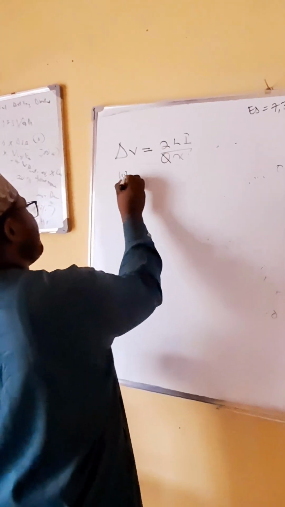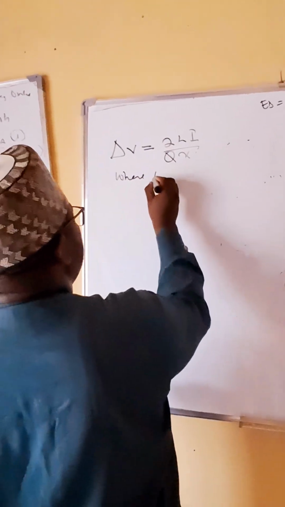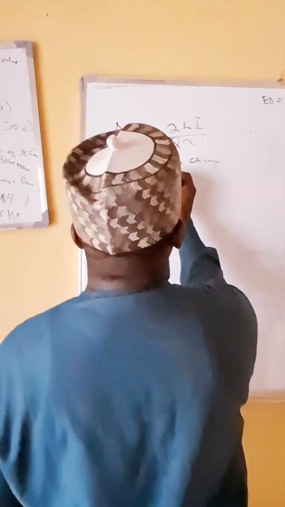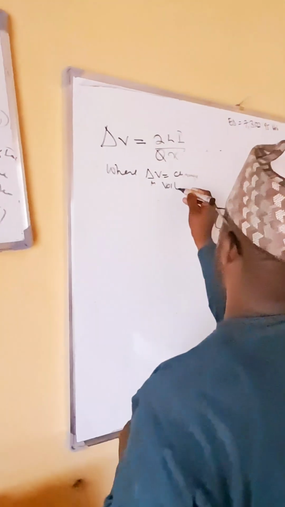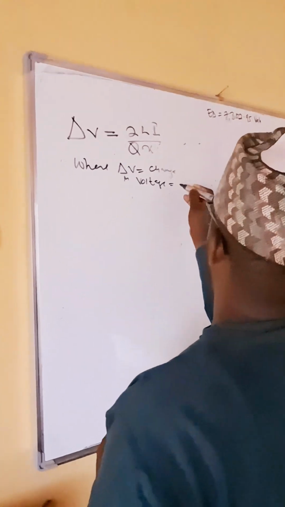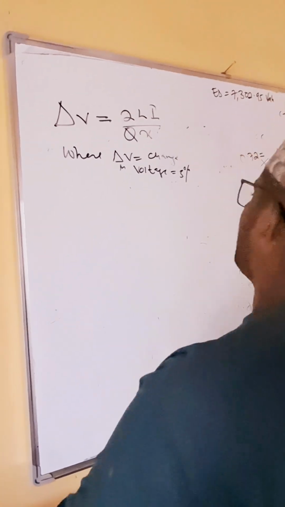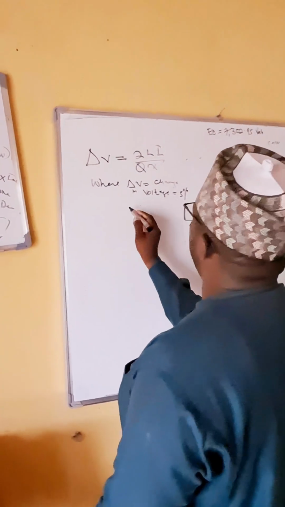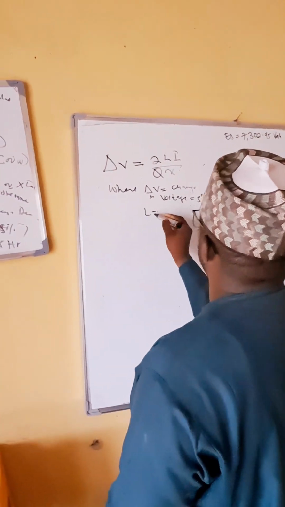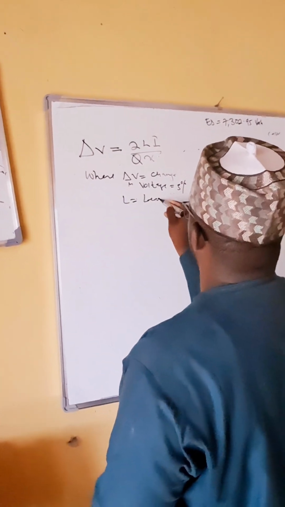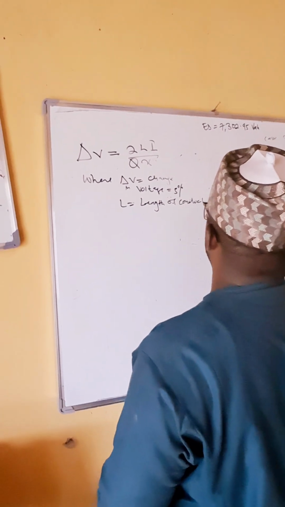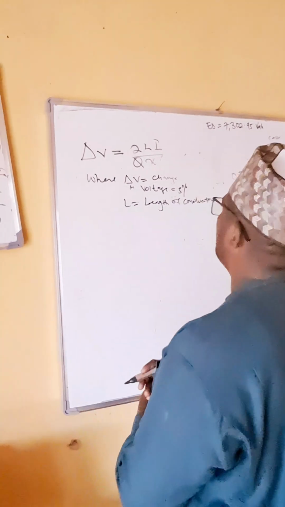Where dV is the change in voltage, which is 3%. L is the length of conductor, which is the cable.